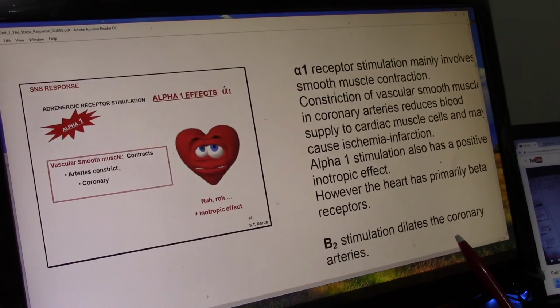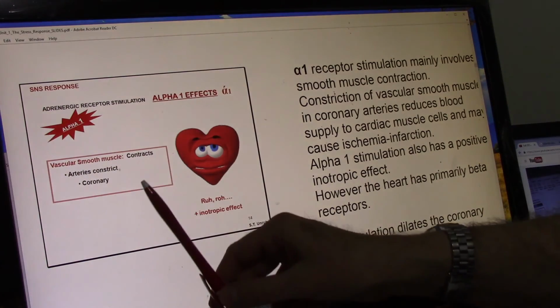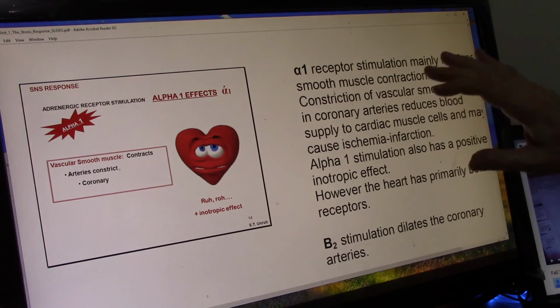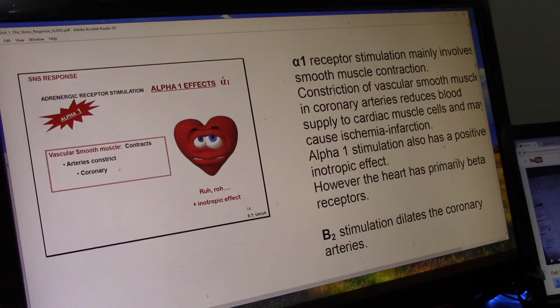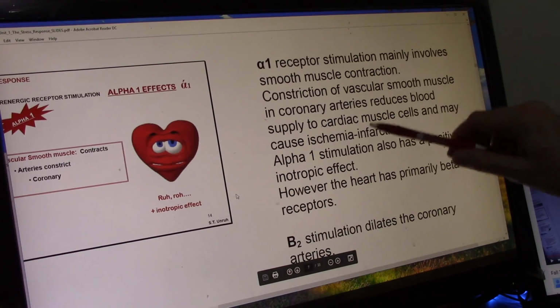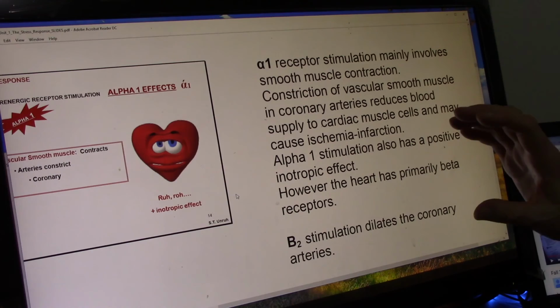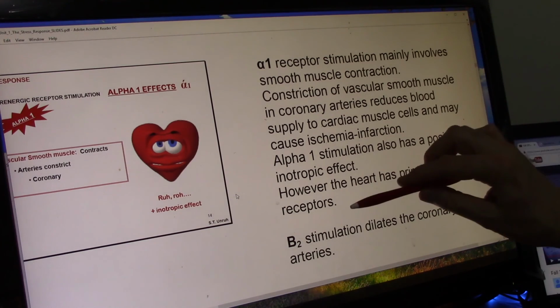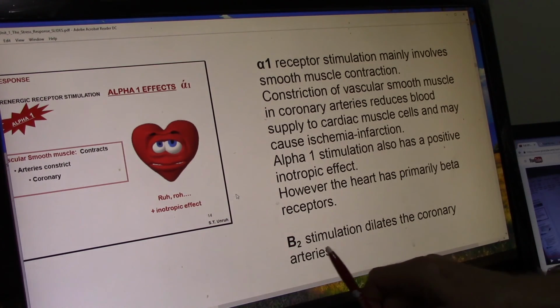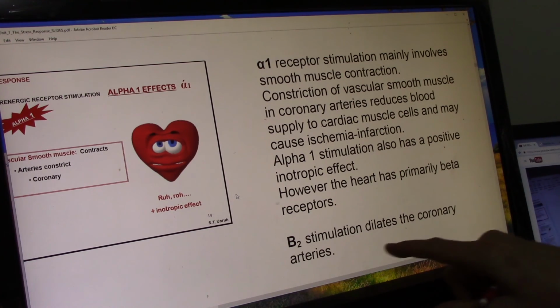Now, the next one, again, this is all part of the SNS, or the sympathetic nervous system. Notice that there is a little bit of a difference between alpha 1 and beta 2. Alpha 1 is going to constrict the blood vessels, but beta 2 specifically dilates the coronary arteries.